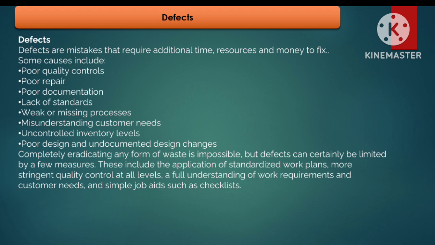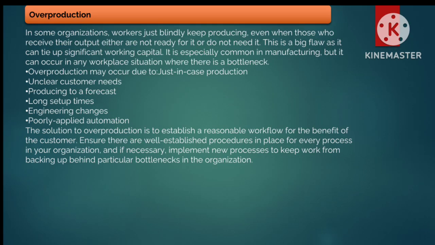So let's move on to another type of waste, overproduction. How can overproduction be a waste in the process? It could be a good thing, right? If I am supposed to produce 10, let's say, and I produce 15, isn't that a good thing?